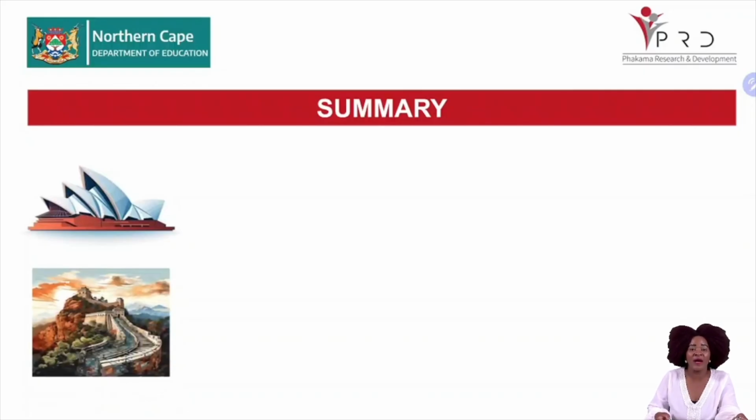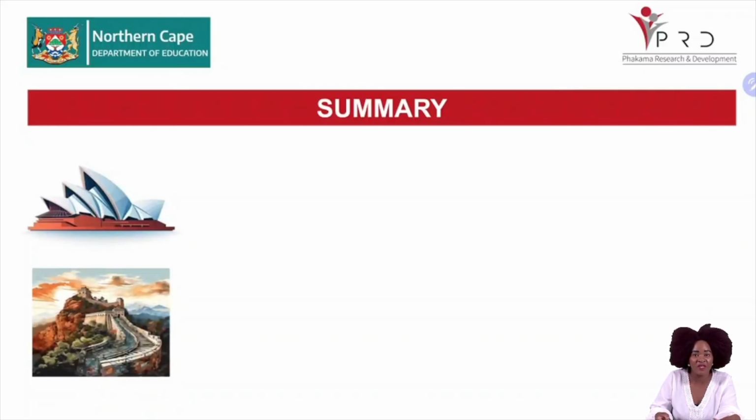So we have 2 icons in Australia. It is the Sydney Opera House, which is the picture that you see here, and also Ayers Rock or Uluru Kata-Tjuta National Park. And then this is the Great Wall of China.